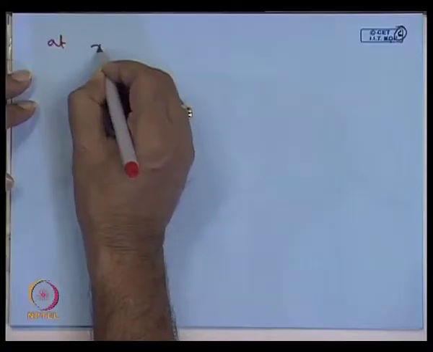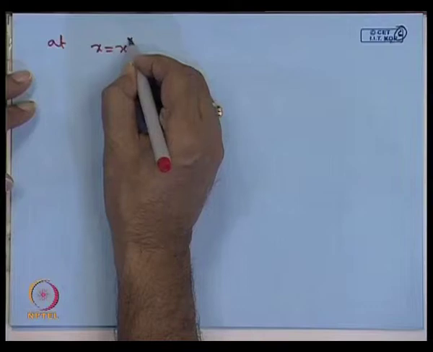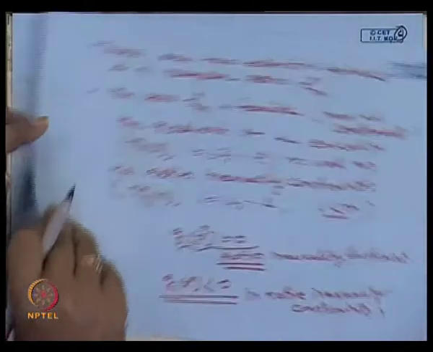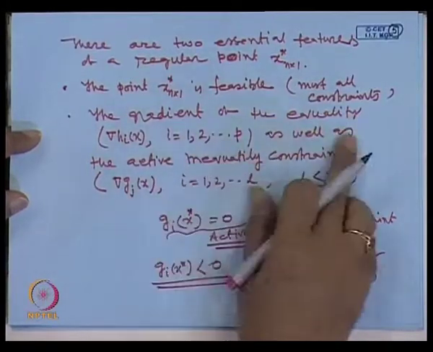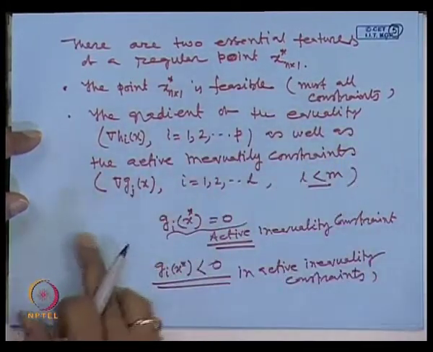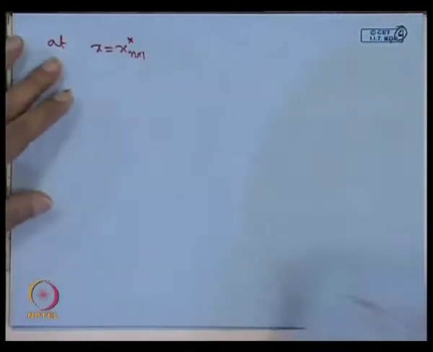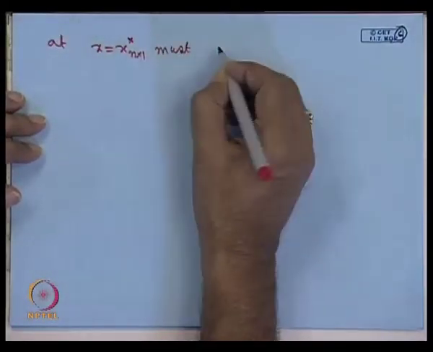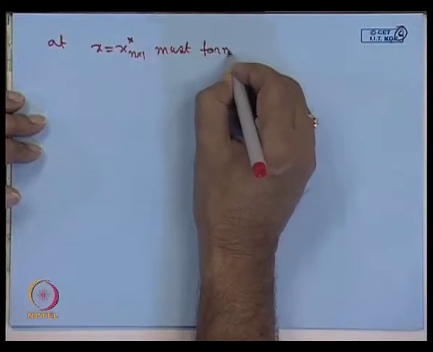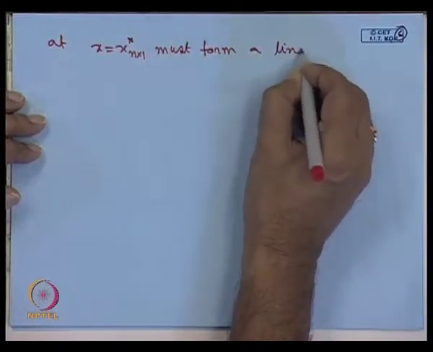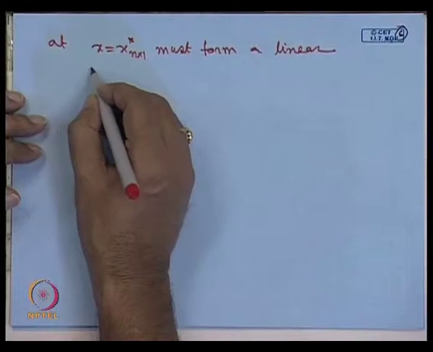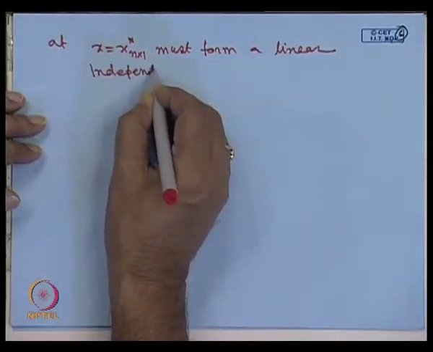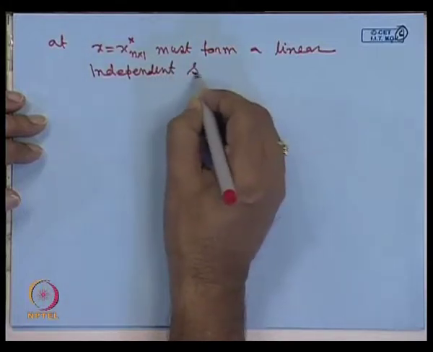At x equal to x star, the gradients of the equality as well as active inequality constraints must form a linearly independent set of vectors.